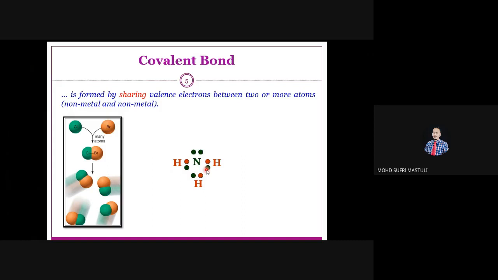For your information, for any type of covalent compound, you should be able to identify three things. You should be able to identify which one is the central atom, which one is the bonding pair, and which one is the lone pair.